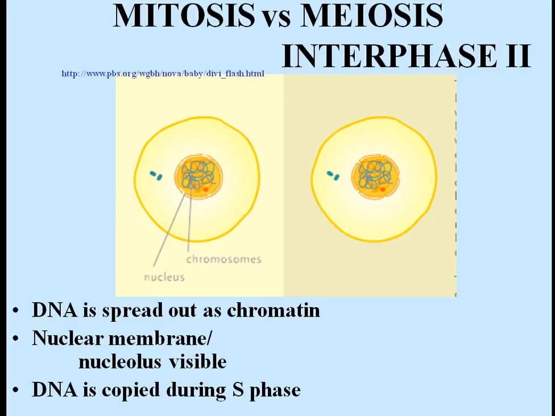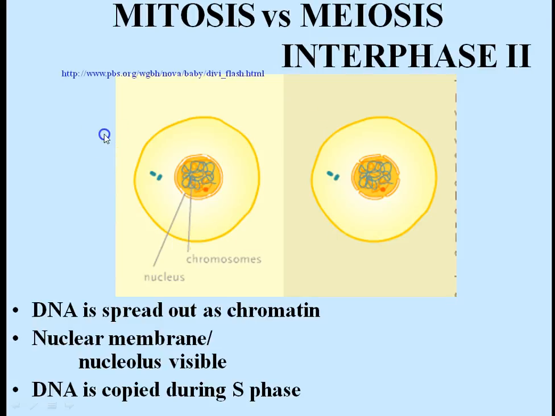And then interphase. So what's going to happen in mitosis after the cells go through that split? Remember, it's going to go back into interphase, right? So we just call that interphase. So it's not going through another division, it's just going through that cell cycle. So in interphase, remember, the DNA is spread out as chromatin, the nucleus is going to be visible if we look at it under a microscope, the DNA gets copied in S phase, and then in G2 phase, it's going to be making new cell parts.